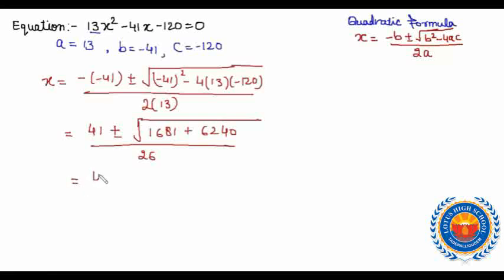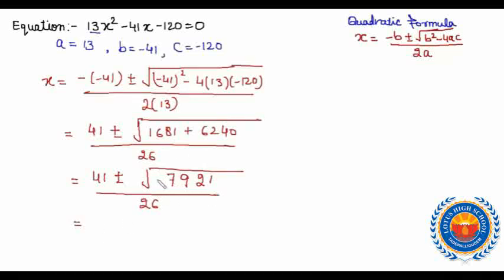Now again on adding the numbers in the square root, we get 7921, divided by 26. Also we need to find the square root of 7921, and the value of the square root of 7921 is 89. So I'm putting the value here, 41 plus minus 89 divided by 26.